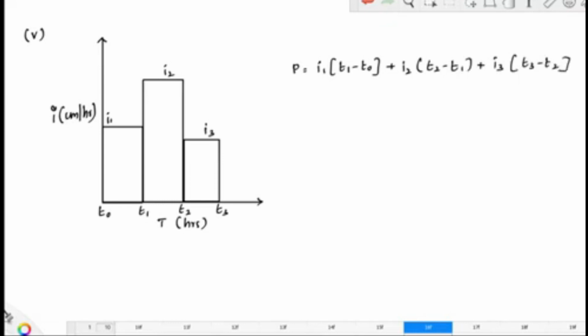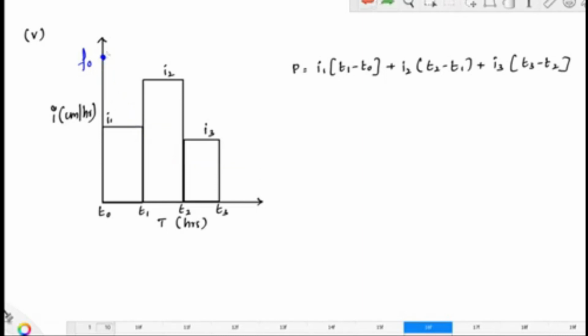And Horton's curve is given. Horton's curve equation is given, or it is given as a diagram. If Horton's curve is given in this format, this is your F naught value. This is your Horton's curve.